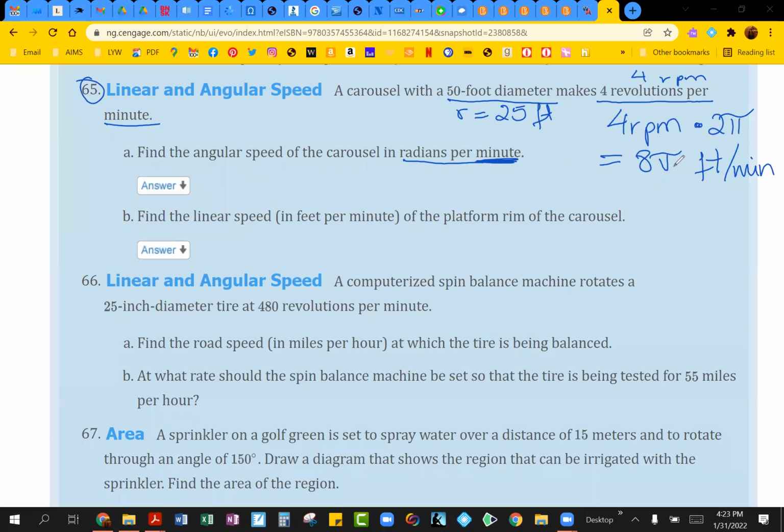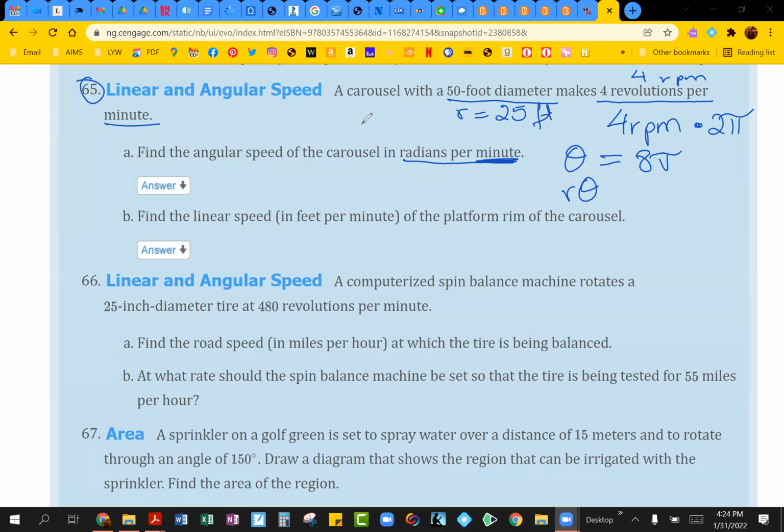Because the 8 pi that you came up with is going to be your central angle, because your 4 RPMs means you're going around the circle 4 times. We know each circle has a measurement of 2 pi. So that's your angle in the center. When you do 4 circles around times 2 pi, that's where you get the 8 pi. So remember, guys, this is actually your theta. And then you multiply that theta with your radius.